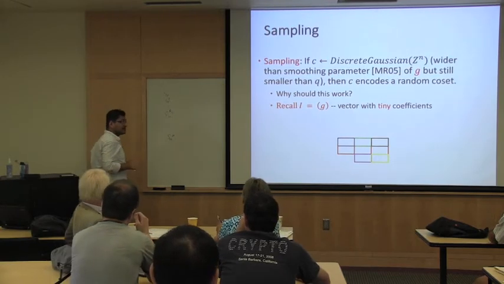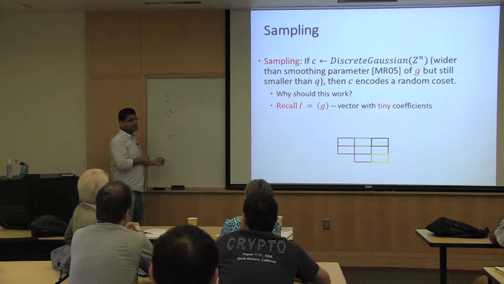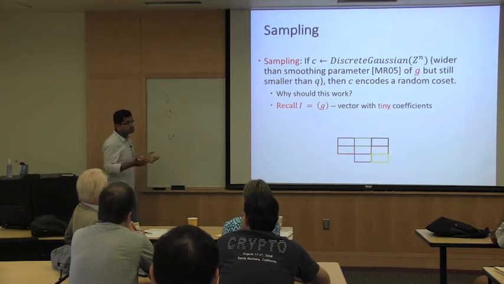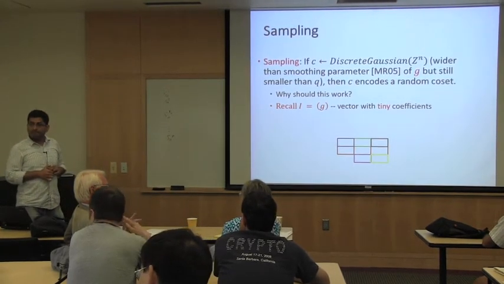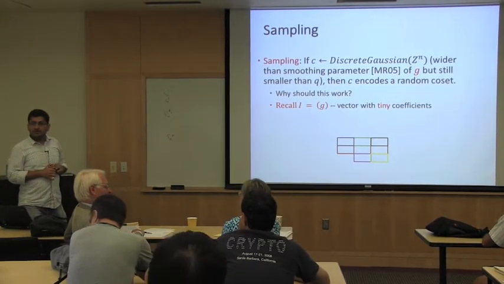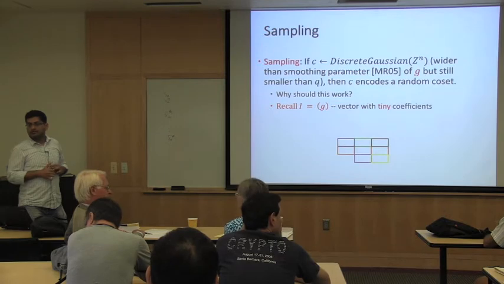So the statement is that if someone knows G, then he can actually sample from the coset of his choice.